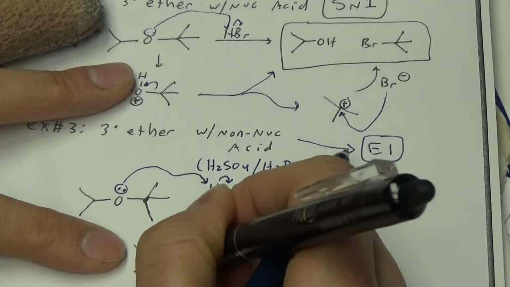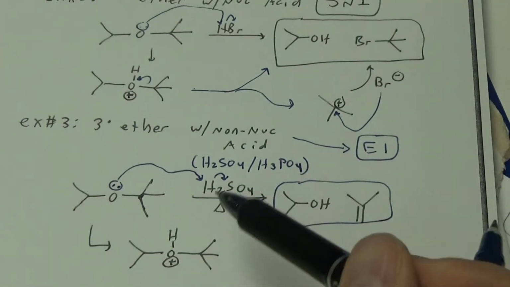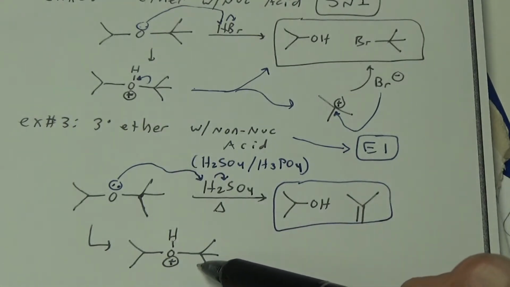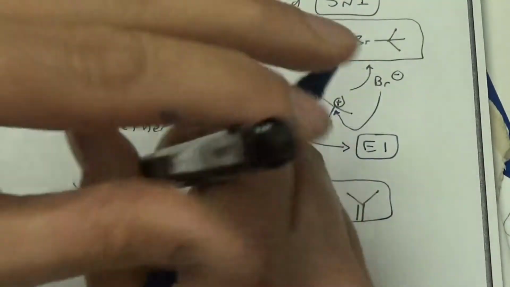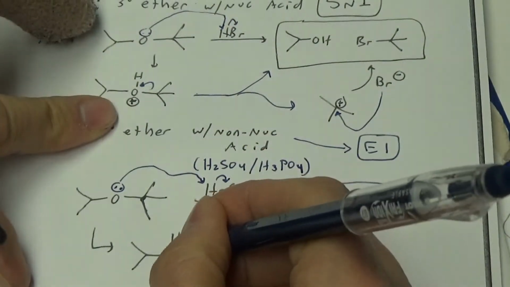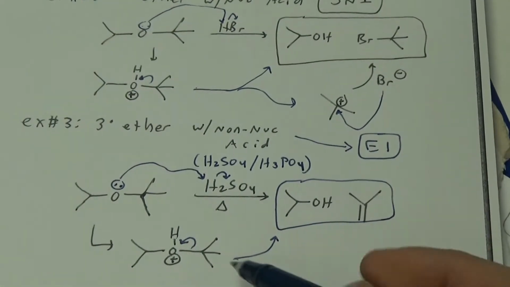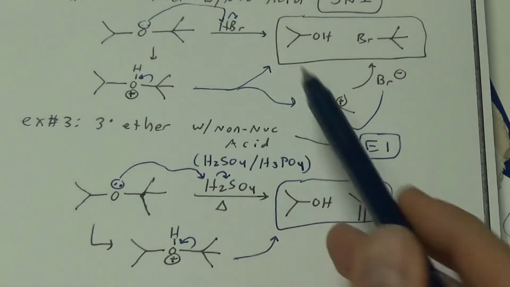What do you always do if you have a good leaving group on a tertiary carbon? Just like we did above. Good leaving group on a tertiary carbon, you make a carbocation. There we go. Makes our product isopropyl alcohol, just like this made our product isopropyl alcohol.